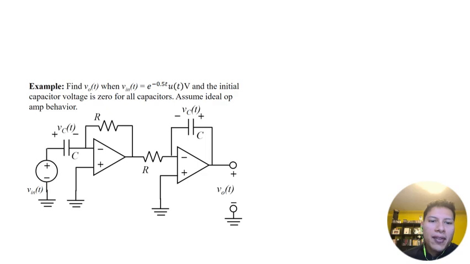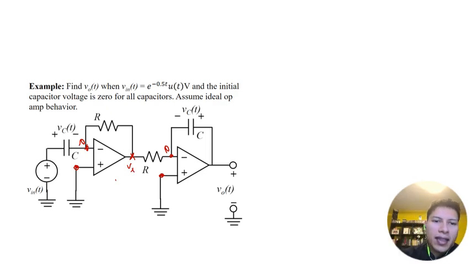Here we have this particular circuit where the plus terminal is grounded, so that makes us automatically know that this is 0 volts. To analyze this, we would just do KCL here. I'm going to call this Vx, which is just a latent or temporary variable.